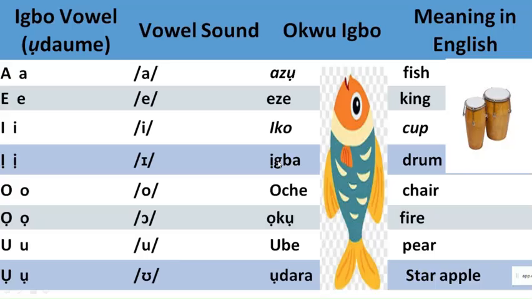Igba. Igba means drum. Look at it here. Igba. Oche. Oche means chair.